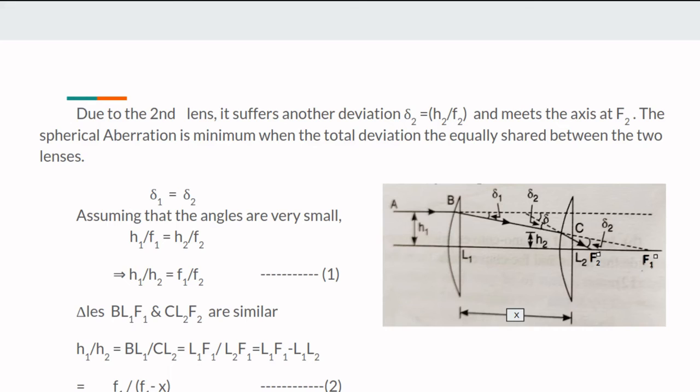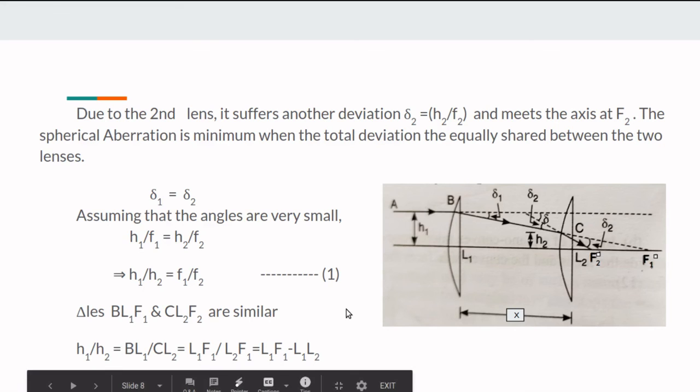Another property of similar triangles is that the ratios of corresponding sides are also equal. BL1 is the height in the first triangle, and the corresponding side in the second triangle is CL2. In the first triangle the base is L1 F1, and in the second triangle the base is L2 F1.